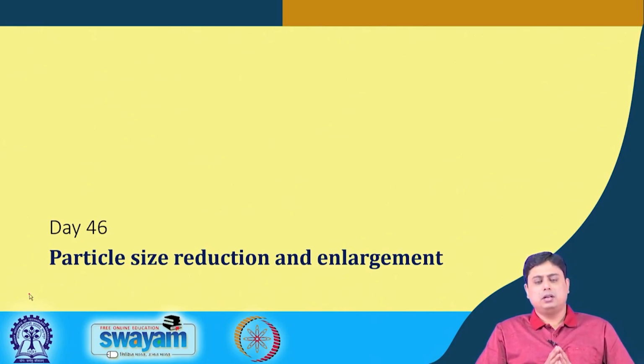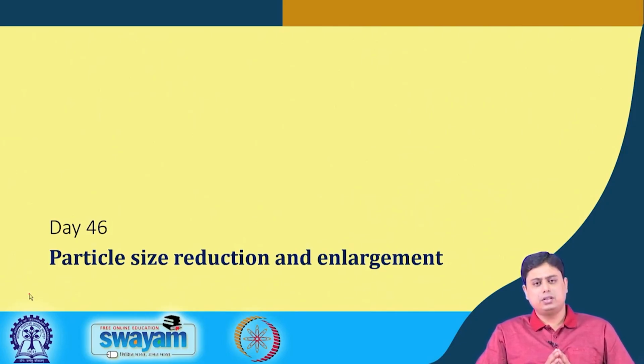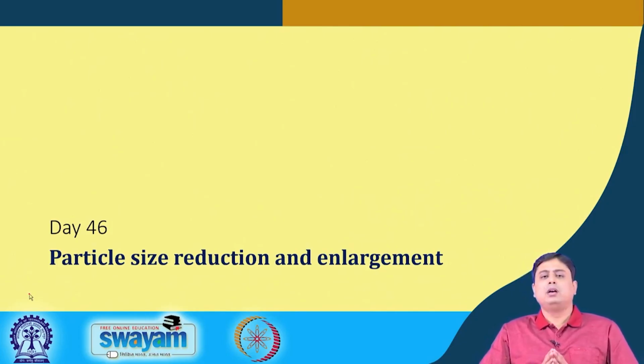Based on how they are derived, we have seen these laws' applicability. We have summarized that Rittinger's law is useful when there is a dominant portion of surface area creation. Kick's law applies to coarser grinding or coarser crushing, and Rittinger's law, on the contrary, was used for ultrafine particles.